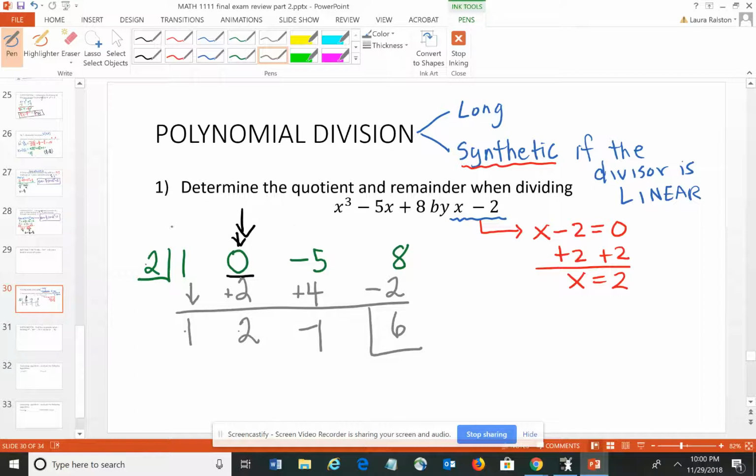Okay, so that gives us the coefficients of our quotient as well as the remainder. So the answer would be 1x squared plus 2x minus 1 plus 6, which is the remainder, over x minus 2.